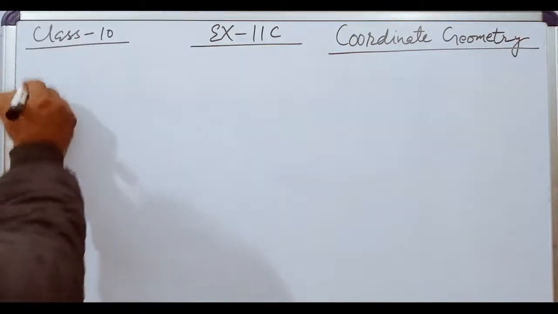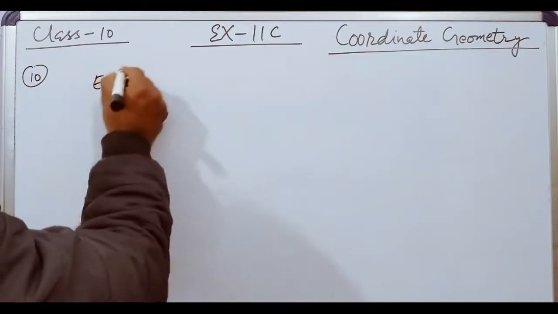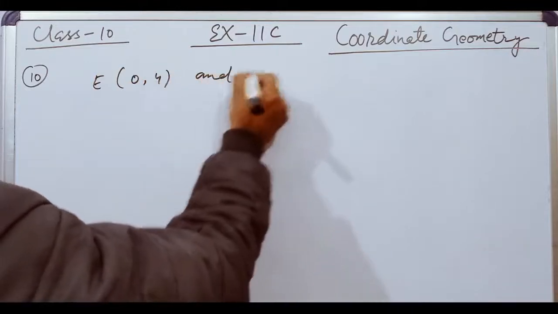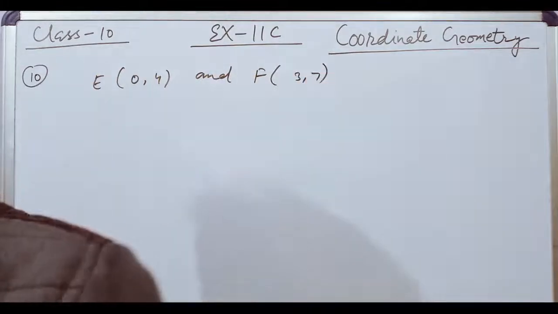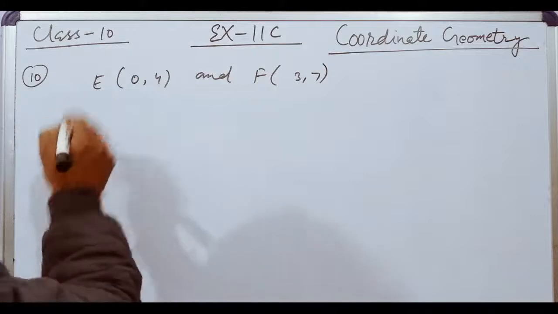Question number 10. The coordinates of two points E and F are (0, 4) and (3, 7) respectively. Find the gradient of EF. Gradient means slope.